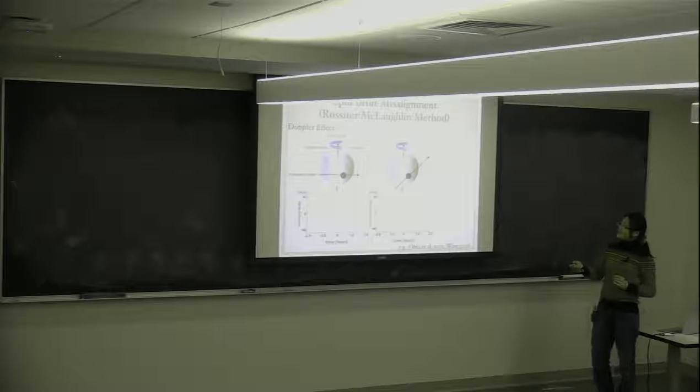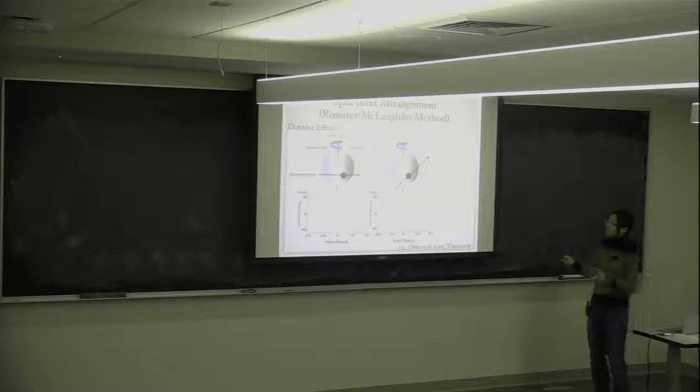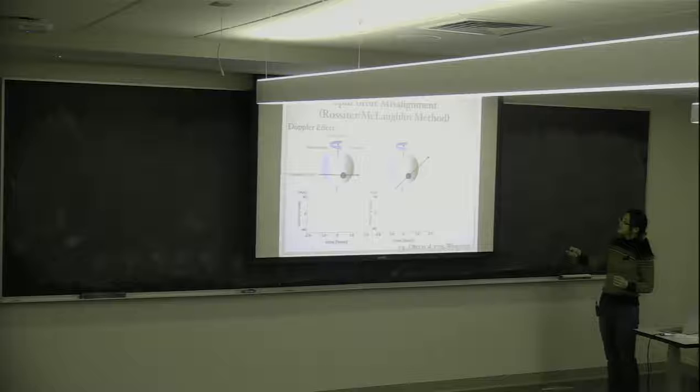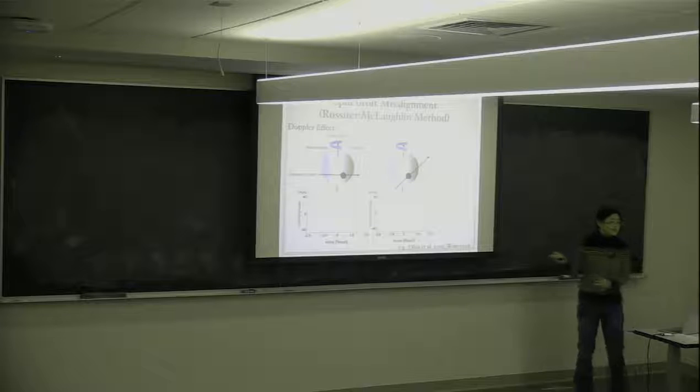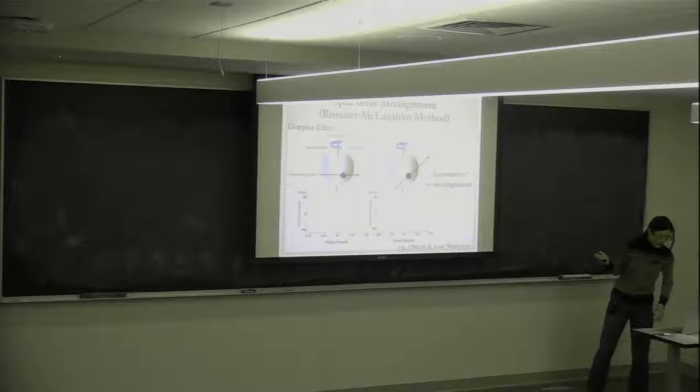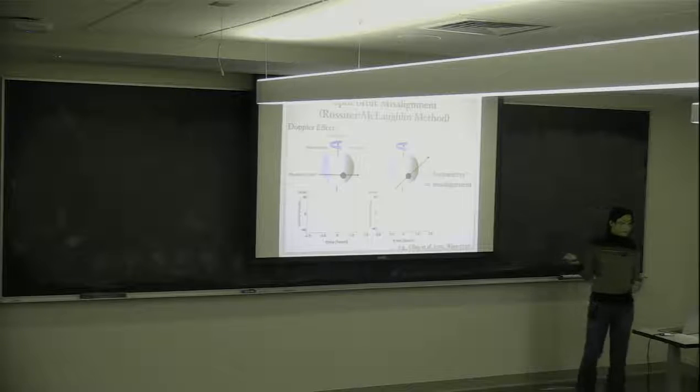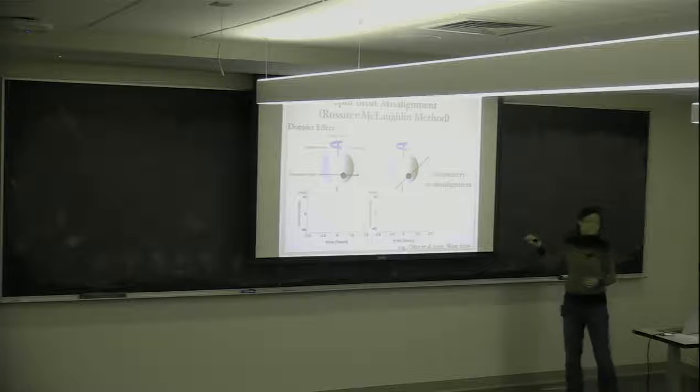And if the planetary orbit is aligned with the stellar spin axis, one would see the velocity anomaly to be symmetric as a function of the transit time. And when the planetary orbit is misaligned from the stellar spin axis, one would see the velocity anomaly to be asymmetric. And from this asymmetry, one can tell the sky-projected spin-orbit misalignment.